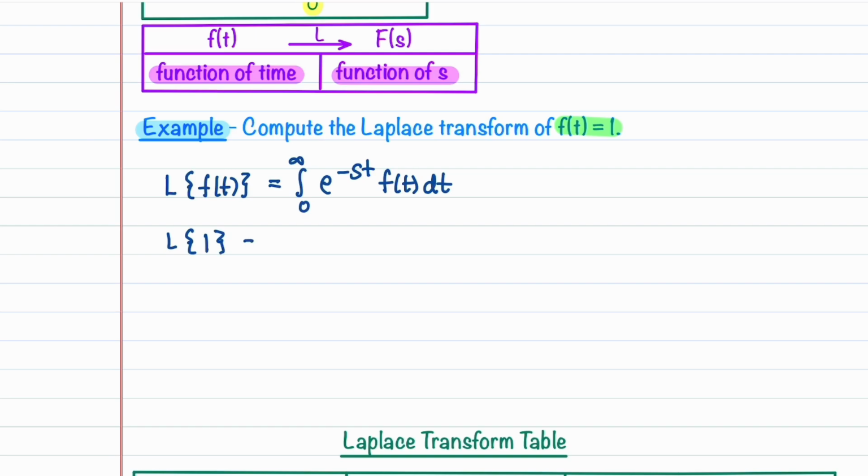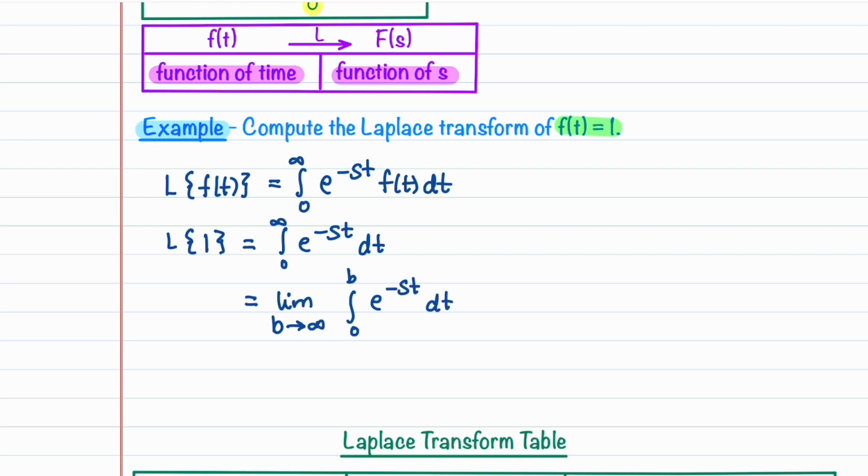In our integral, we're going to replace f of t with 1, so we just have e to the minus st times dt. Since the upper limit of integration is infinity, we have to write this as the limit as some constant b goes to infinity, the integral from 0 to b, e to the minus st dt.